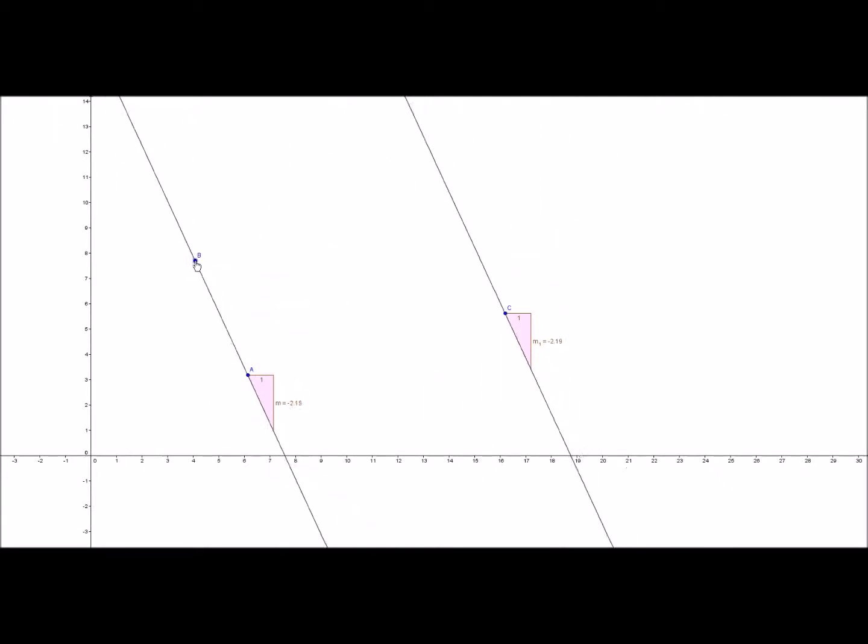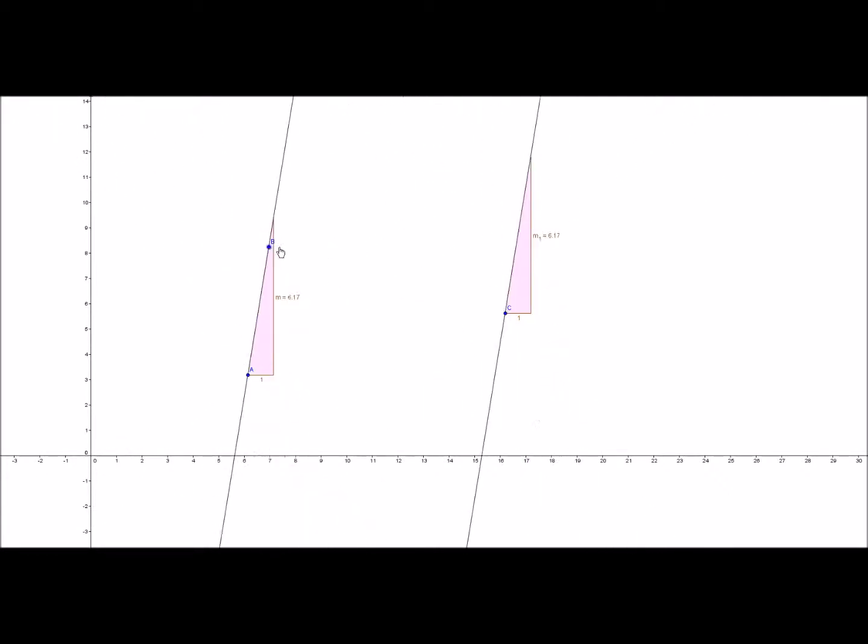So they're staying at 0.77, 0.51, but crucially, the two gradients are always the same. Minus 2.19, always the same. So if two lines are parallel, they will always have the same gradient.